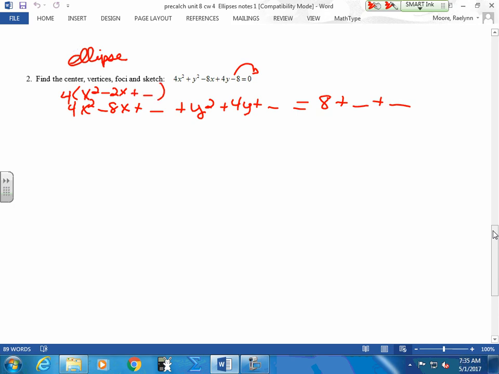So go to the top part. What's half of -2? -1. And what's -1 squared? 1. So to come out of the parentheses, I have to multiply. So if I add 4 here, I have to go over here and add 4. I have to bring this 4 down with me.